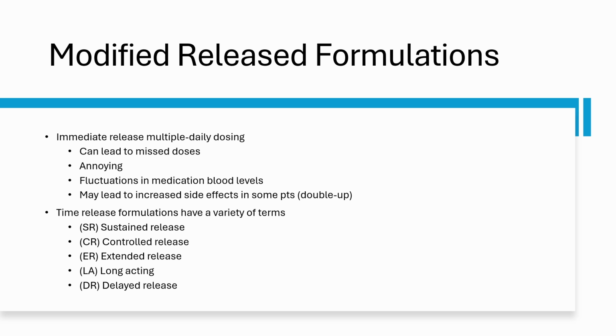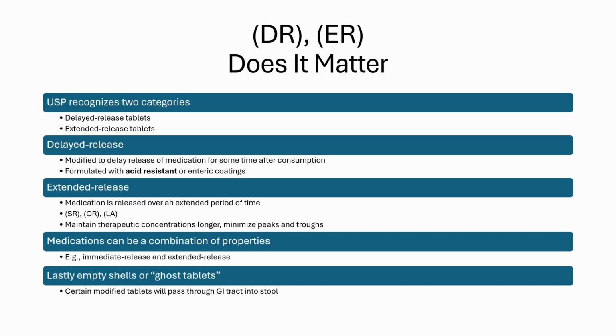Time release formulations have a variety of terms. SR stands for sustained release, CR, controlled release, ER, extended release, LA, long acting, DR, delayed release. The United States Pharmacopoeia recognizes two official categories: delayed release tablets and extended release tablets. Delayed release tablets are modified to delay the release of the medication for some time after consumption.